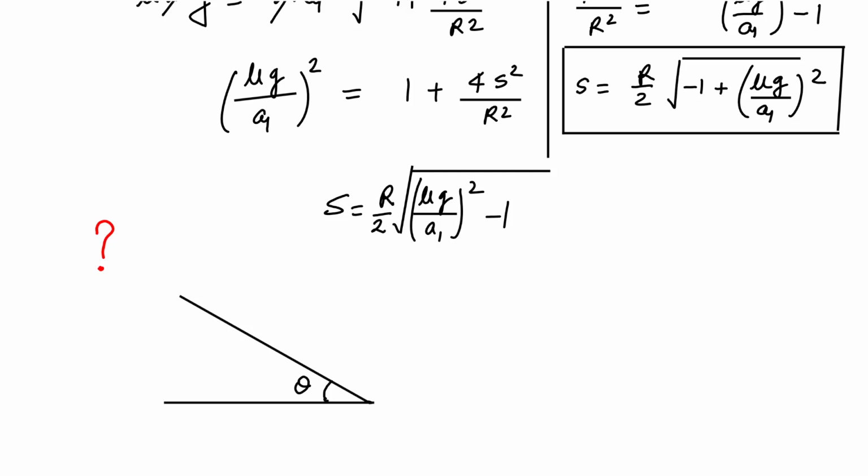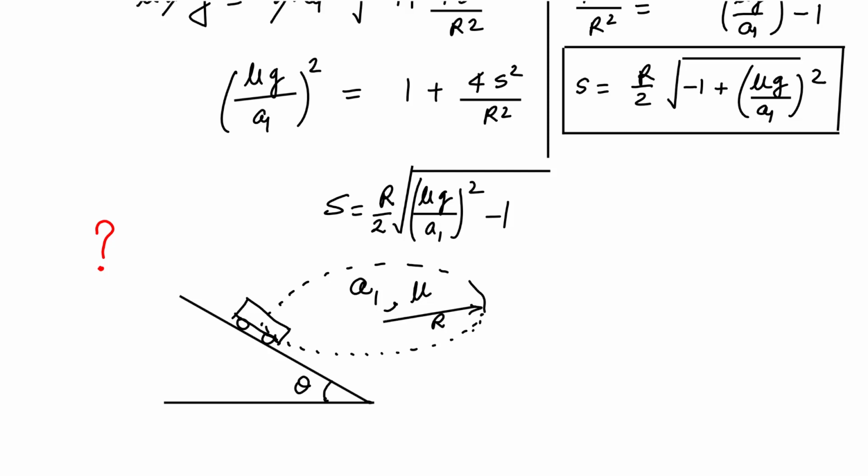Now this car is moving here, and the tangential acceleration is again a1. This speed will be increasing because there is a tangential acceleration. So a time will come when it will start skidding, because the friction coefficient is also given, mu, and it is moving on a circular track of radius r.